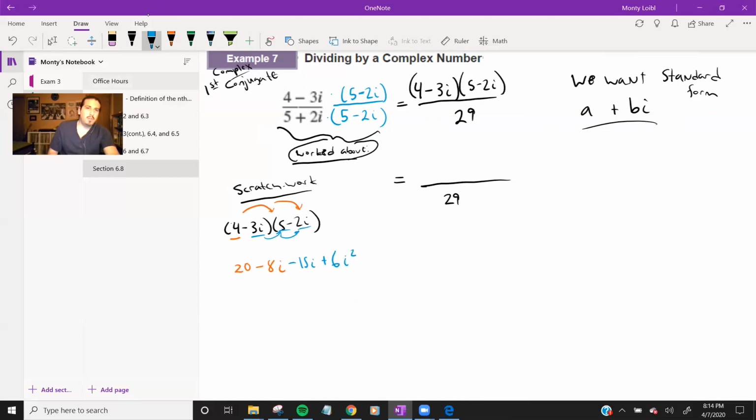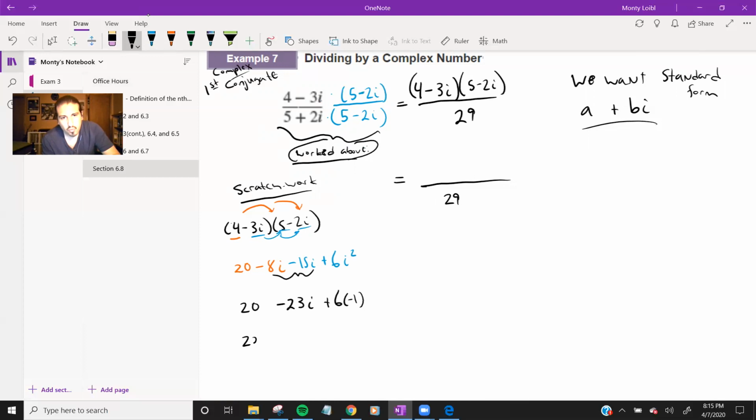So again, multiplying those together. This right here, negative 8i minus 15i, is going to be a negative 23i. And this is 6 times negative 1. This is 20.